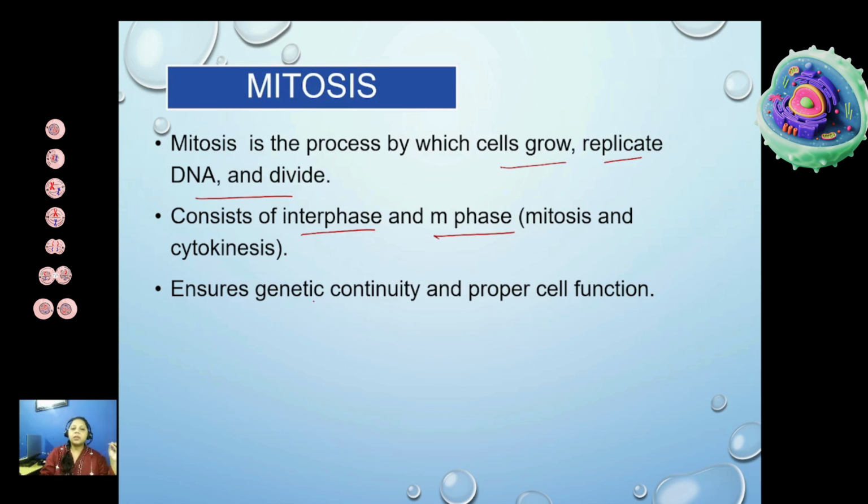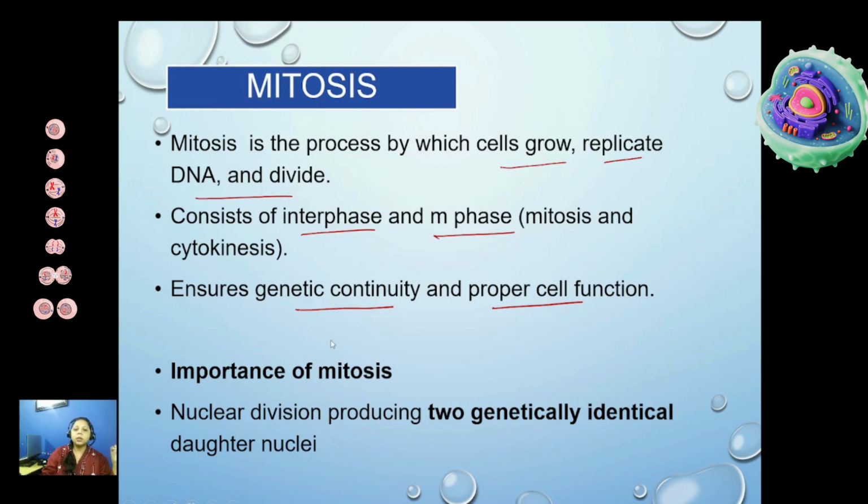The importance is that it ensures genetic continuity and proper cell function, so that all information is passed on to the next generation. Two genetically identical daughter cells are formed with genetically identical nuclei, or DNA.